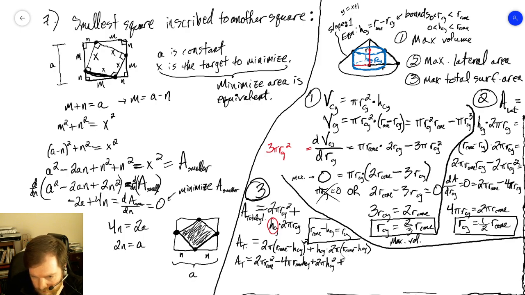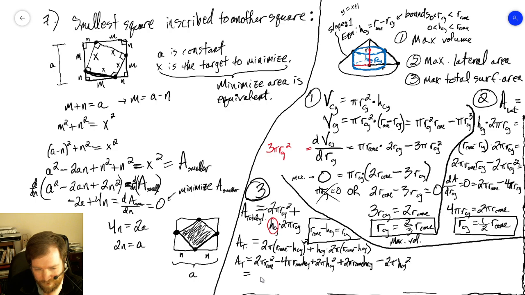Plus, the stuff from this one is going to be the same, isn't it? 2 pi r cone h cylinder minus 2 pi h cylinder squared. That doesn't entirely cancel out. Ooh, this might actually work.